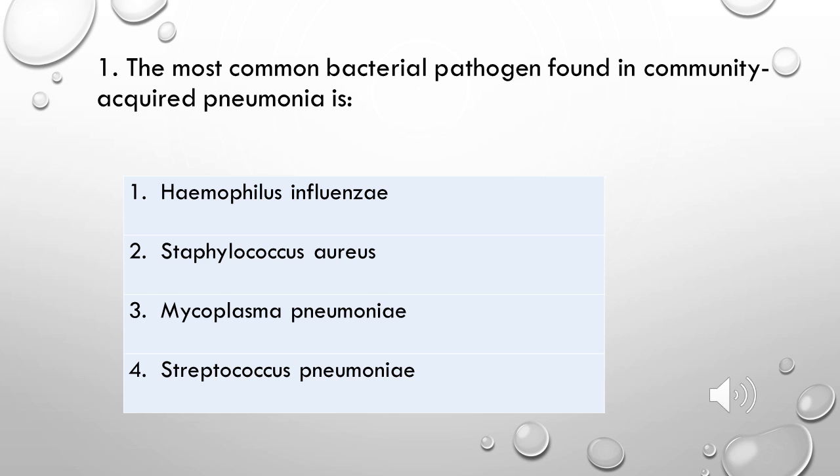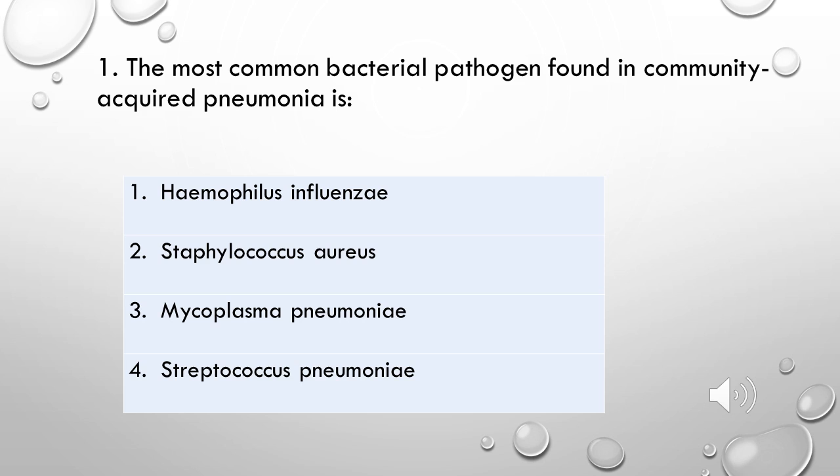Mycoplasma pneumoniae, a pathogen difficult to detect on gram stains or culture, is another common cause of pneumonia. Now that one, you can get a mild infection and still walk around and feel okay.